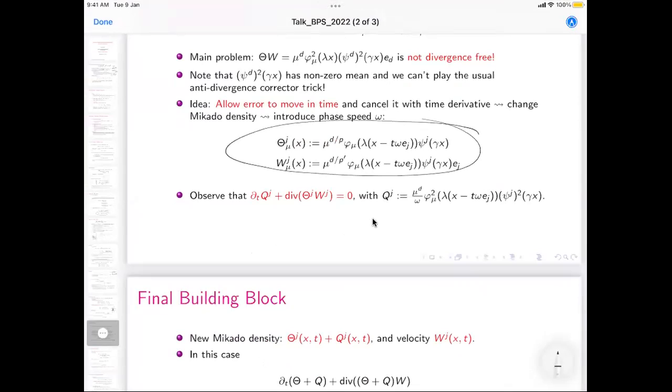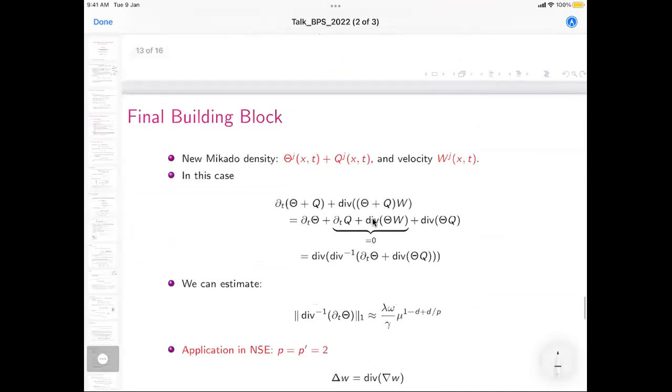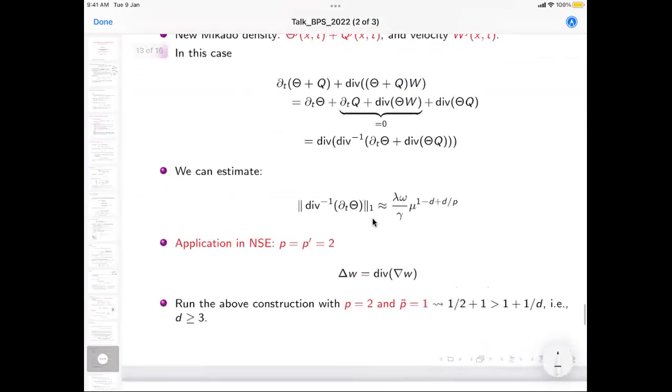And then you will have a phase speed, omega. Okay. So if you do all the calculation, it's not the end of the story, because you need to verify now with this new Mikado density additional, everything works. And the message is that it works, provided you are a little careful and choose things appropriately, then everything works.